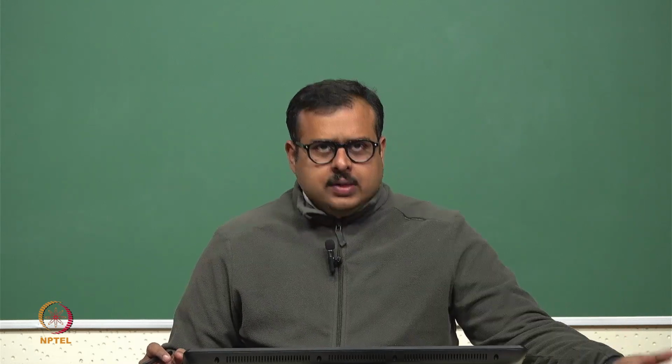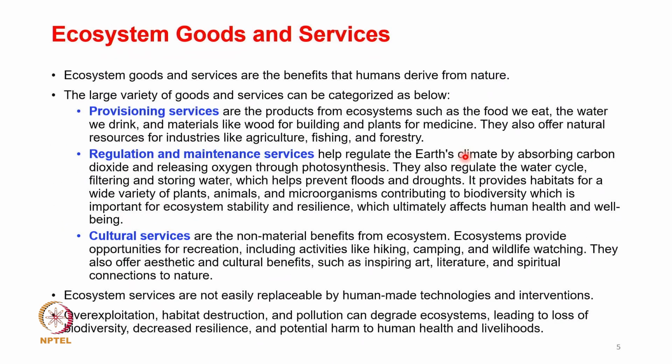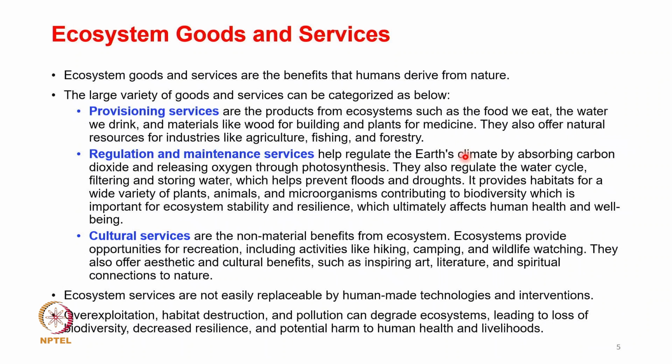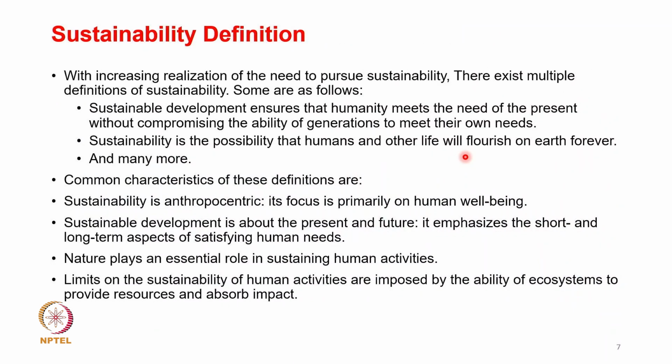So now that we have a qualitative definition of sustainability, can we evaluate sustainability? See where we have come from. We started from a non-objective condition, the basis of human well-being, and we identified that one major component of human well-being is ecosystem goods and services, and we say that ecosystem goods and services are now degrading, and we need to restore them all, and that would result in sustainability.